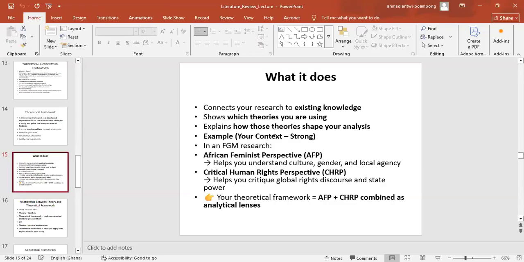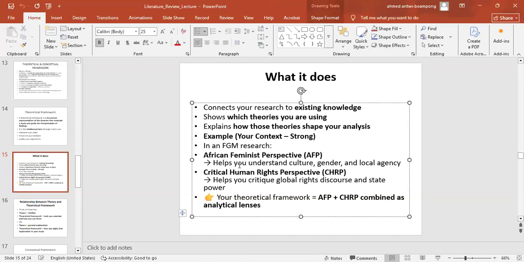All right. So, for example, in a research that I'm doing on FGM, I've used the African feminist perspective, and then the critical human rights perspective. These are two theories. The African feminist perspective helps you to understand the variables of culture, gender, and local agency.